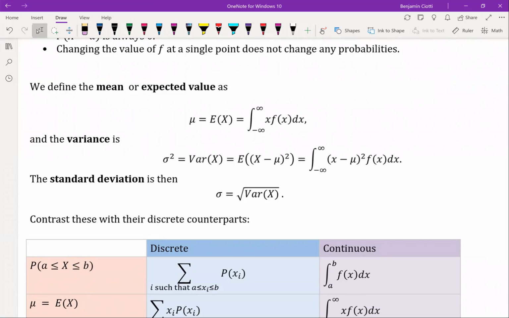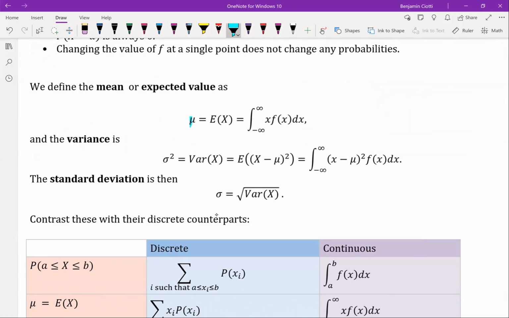Here are our formulas for the mean of a continuous random variable. The mean, or expected value, or expectation value, is defined as the integral of x multiplied by the probability density function over the entire real line. The variance of capital X is the expectation of the square of the difference of x from its mean.